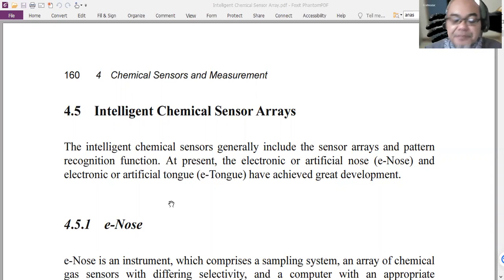Later in the biosensor chapter, the sensitivity, selectivity and specificity are also important, because normally people would like to design a biochemical sensor that is specific towards a specific analyte, a specific biomolecule to be detected. Let's say, for example, COVID-19.